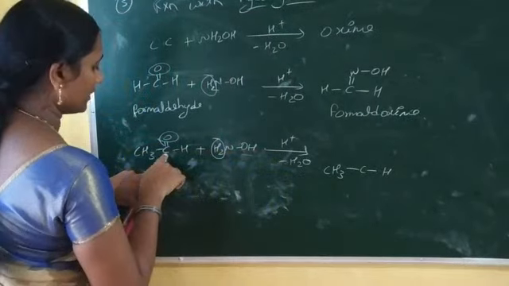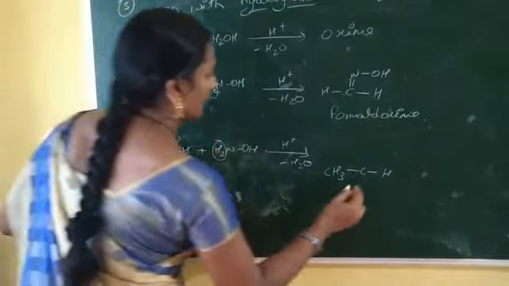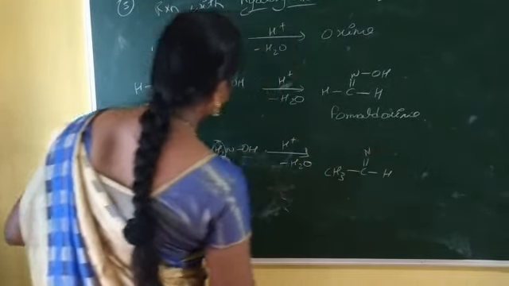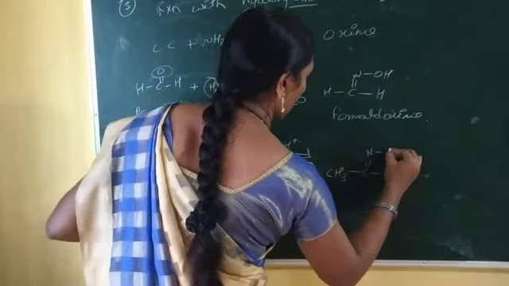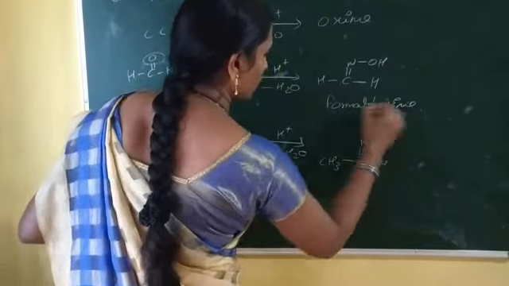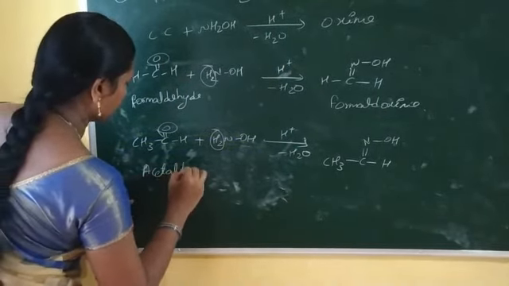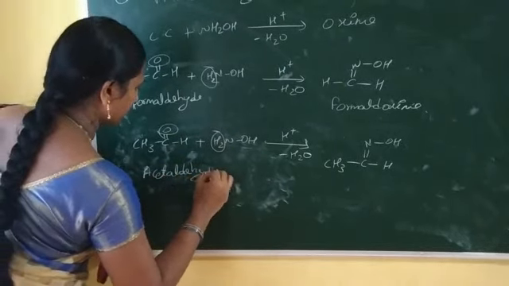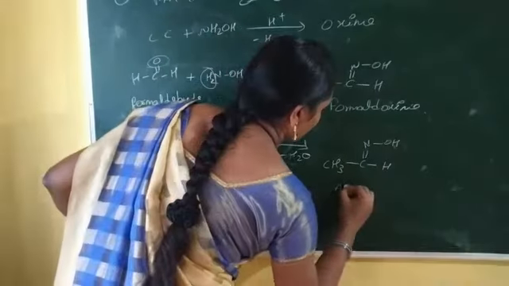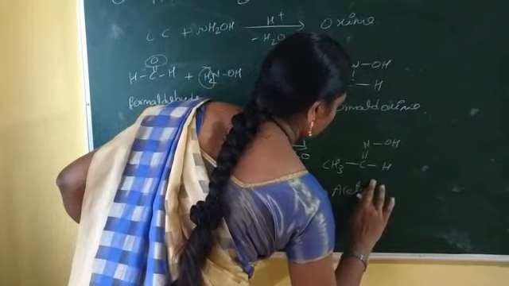Again we observe this carbon is double bonded with nitrogen, and nitrogen is bonded with OH. Now this functional group is an oxime. The reactant is acetaldehyde. The product name is acetaldoxime.